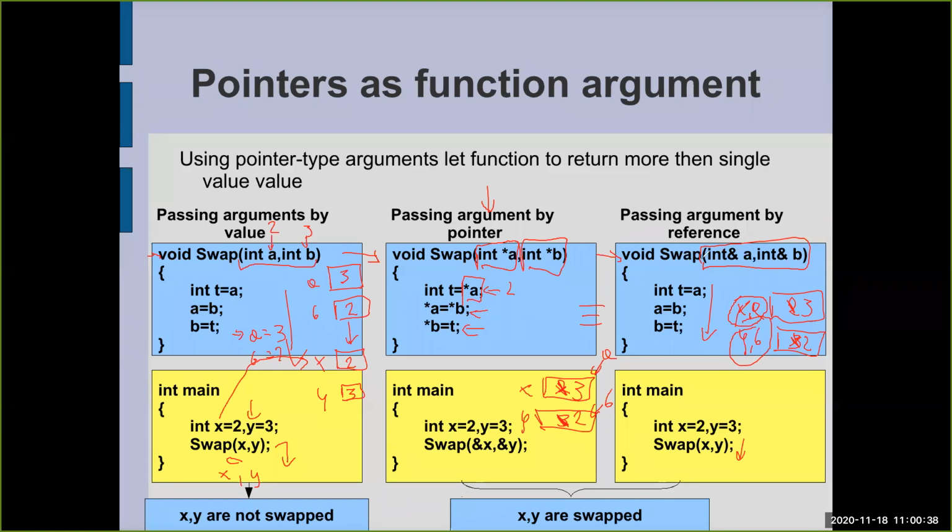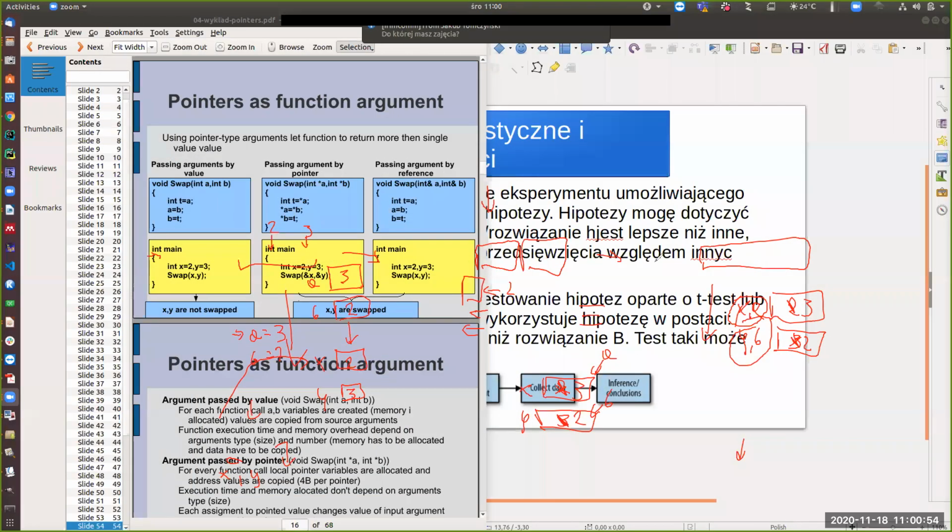Okay, next time I will tell you how we can cope with this problem, so how we can boost our function definition and preserve that the arguments will not be modified. Okay, so now I think it's time for our quiz.